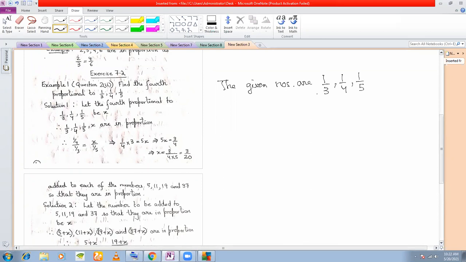You are asked to find the fourth proportional. I say let the fourth proportional be x. Therefore the four numbers 1/3, 1/4, 1/5, and x must be in proportion.